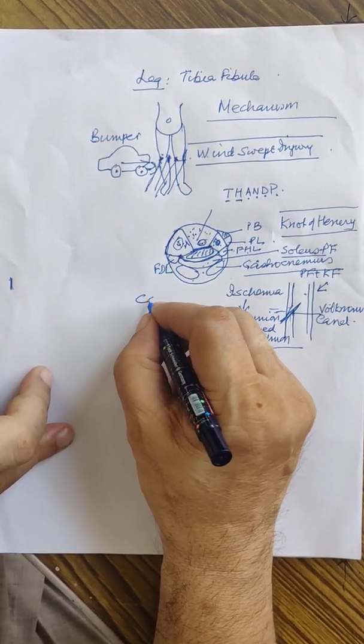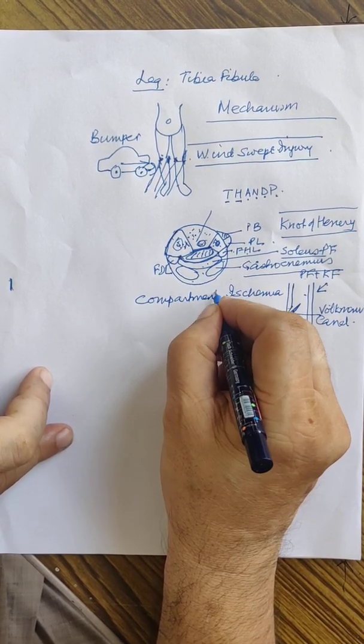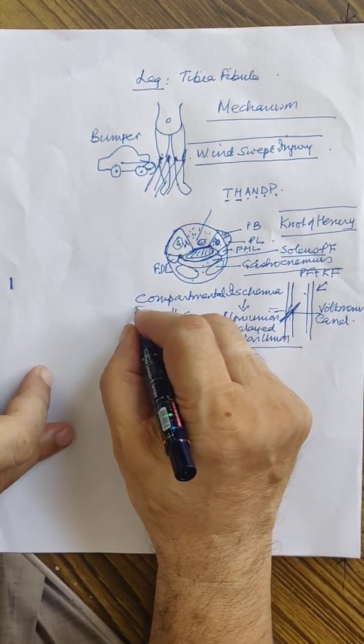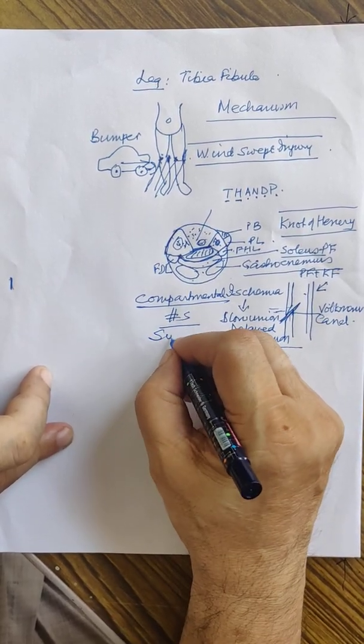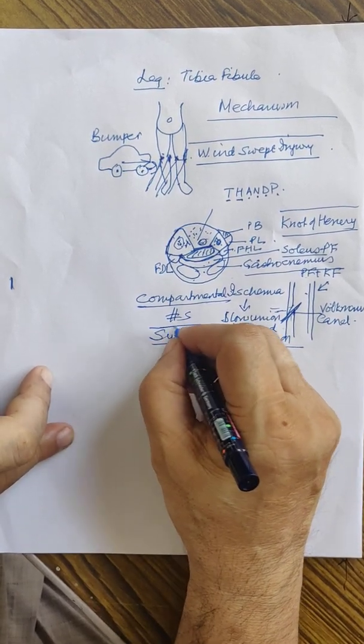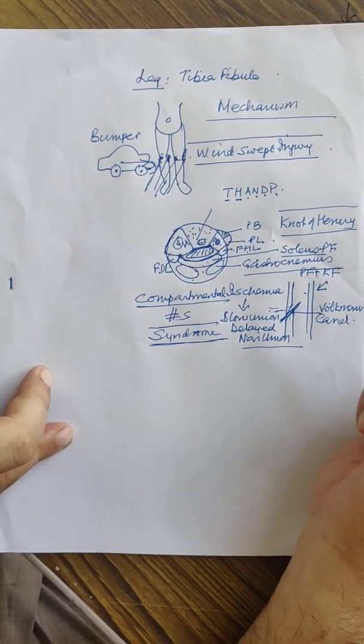So another important component of both bone leg fractures is compartment syndrome. Therefore, the intracompartmental pressure should be monitored and the swelling should be decreased.